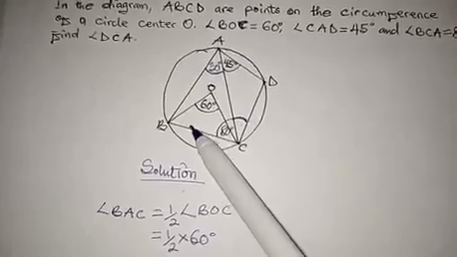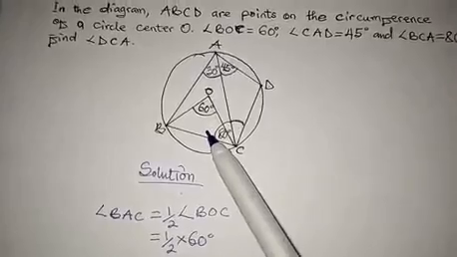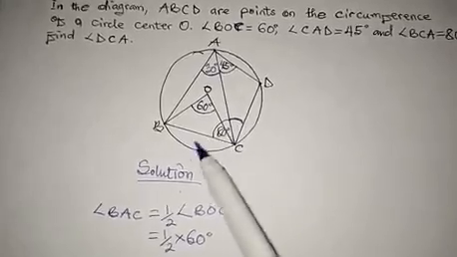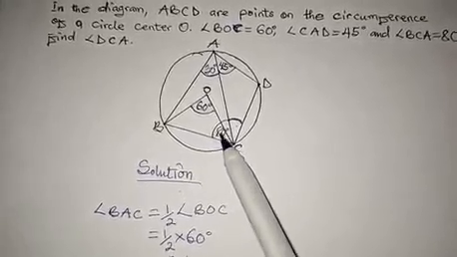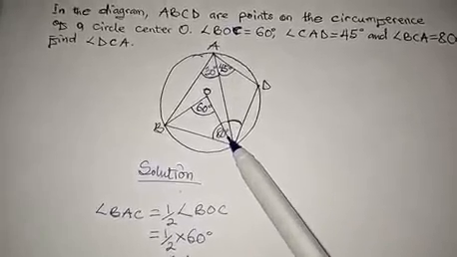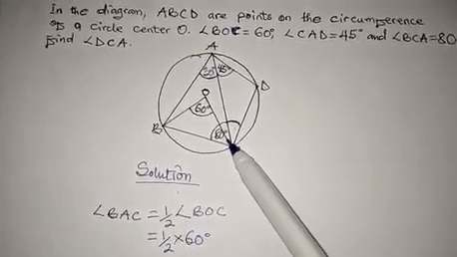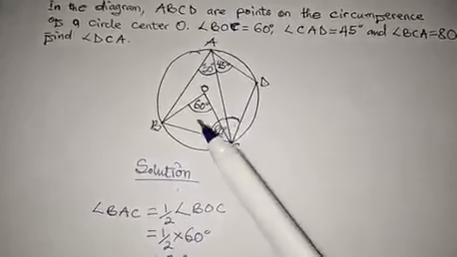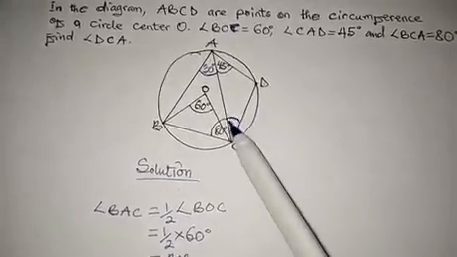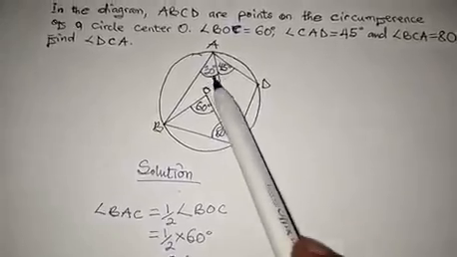For a cyclic quadrilateral, opposite angles are supplementary. It means that if you sum up opposite angles, you get supplementary angles, and supplementary angles sum up to 180 degrees.